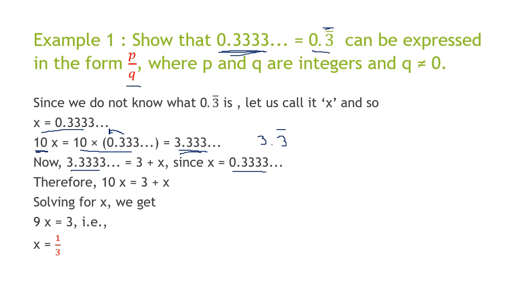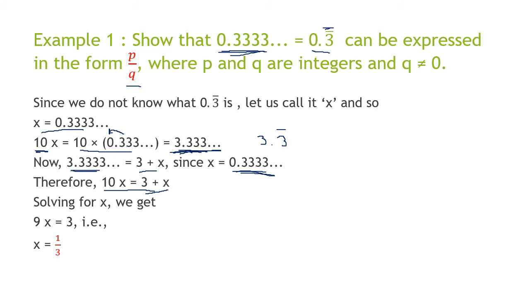So I can write this number as 3 plus 0.33, but this is nothing but x. So I can write this number as 3 plus x, but this number is 10x. So we get 10x equal to 3 plus x.